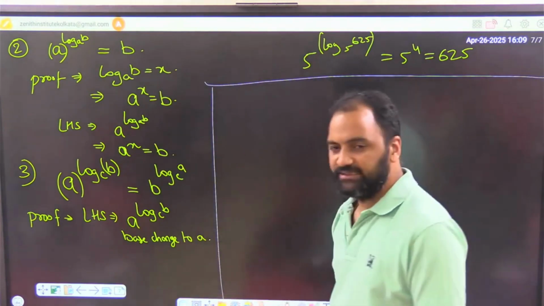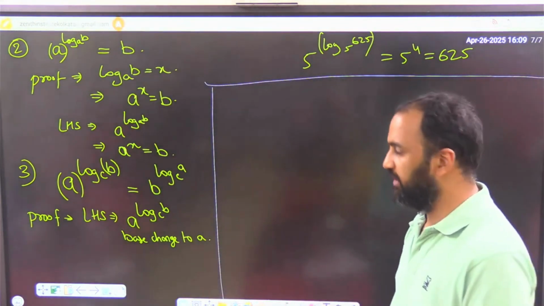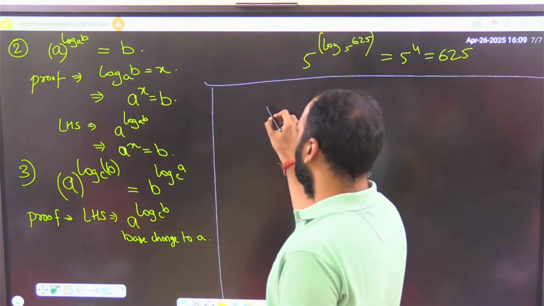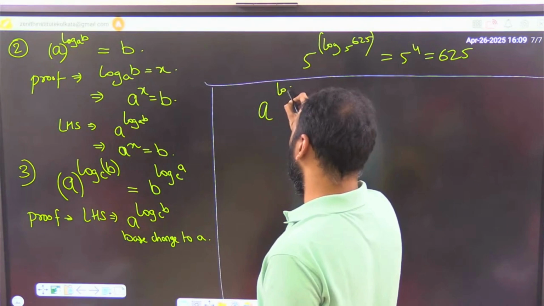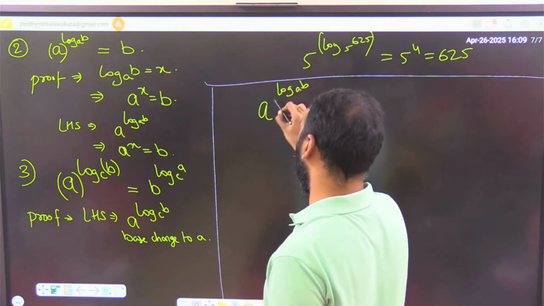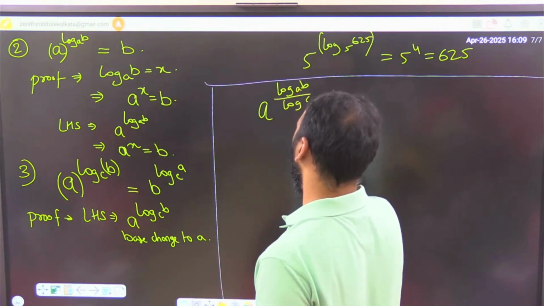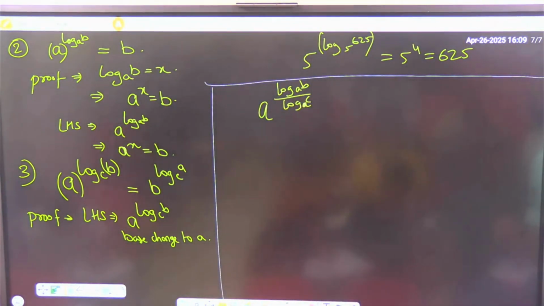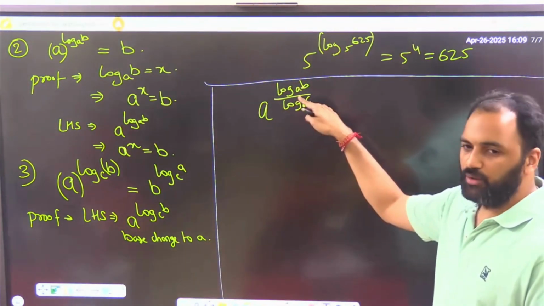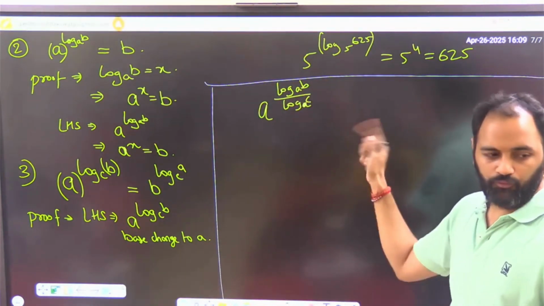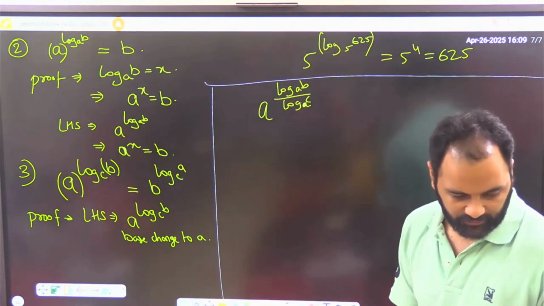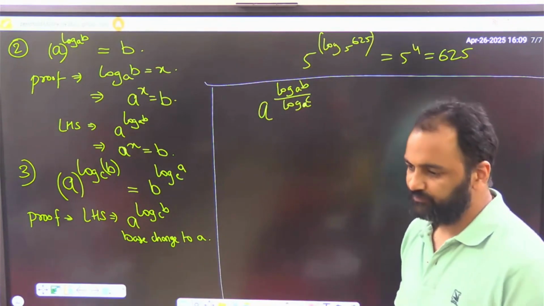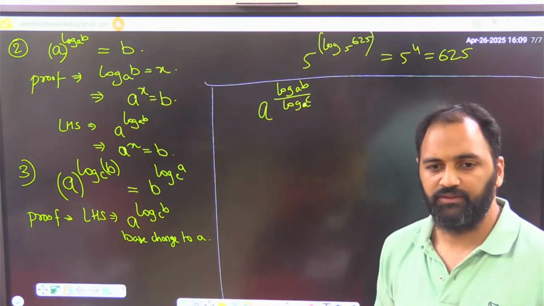So if we change the base to a, what is the resulting expression? Yeah, I got log of the number to the new base divided by log of old base to the new base.